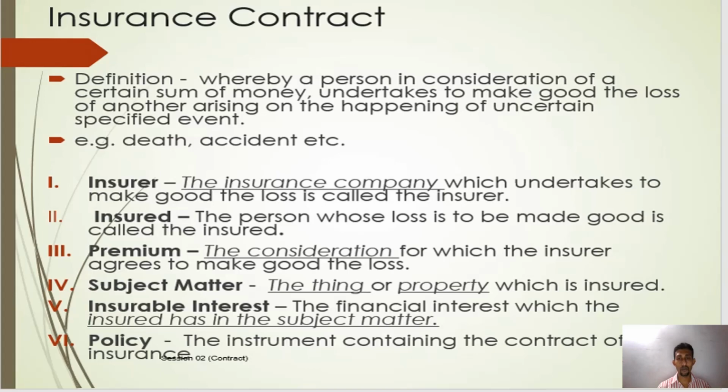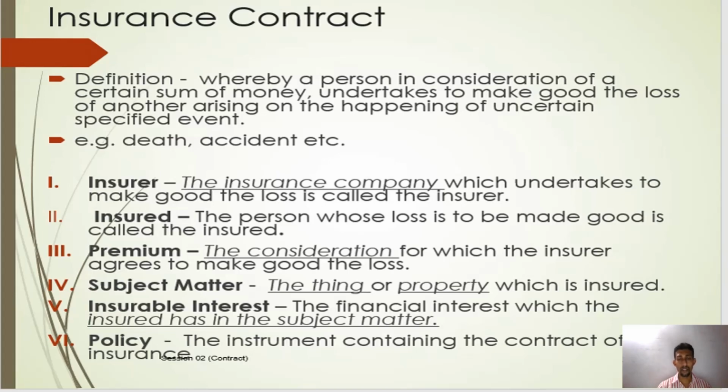Insurer, as we all know, is the organization or the firm which is going to undertake or transfer that particular risk. We call it the insurance company. Insured, the person whose loss is to be made good is called the insured, the policy holder, in other words.